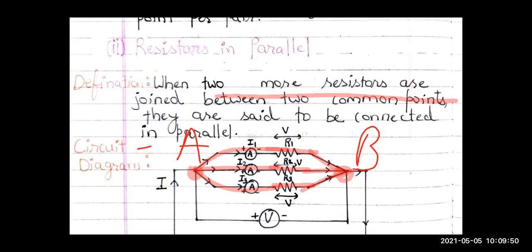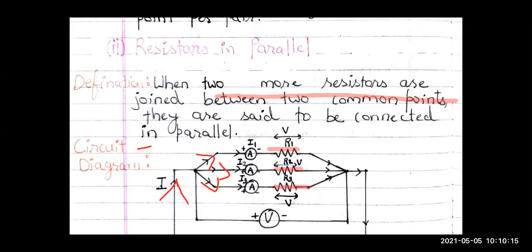And this is your circuit diagram. Here we are having three resistors, R1, R2, R3, right? Now, you can see that the current has so many paths to flow on. There are three paths for the current to flow.